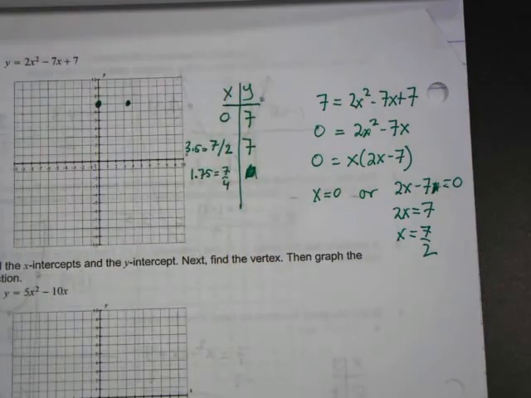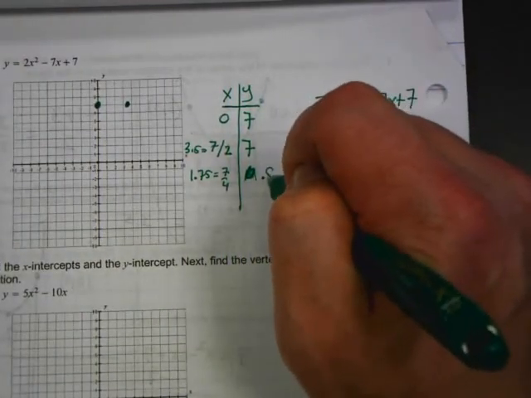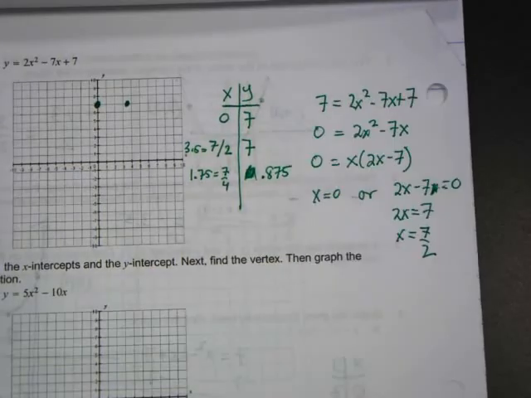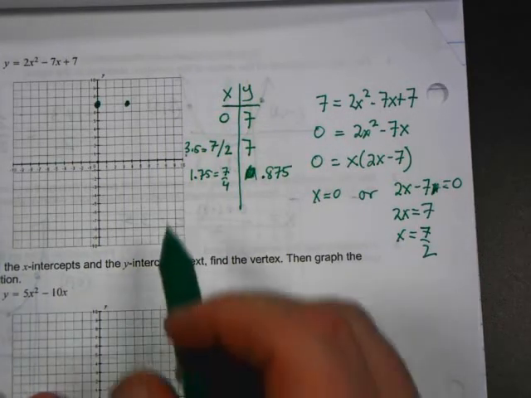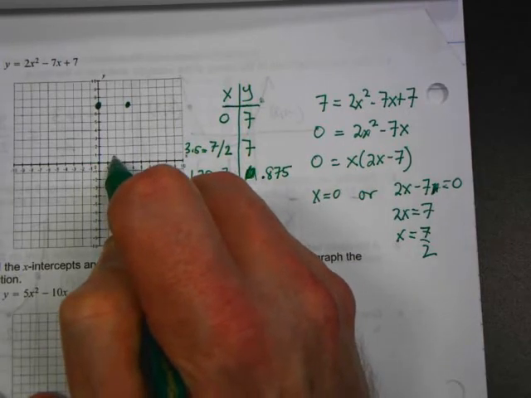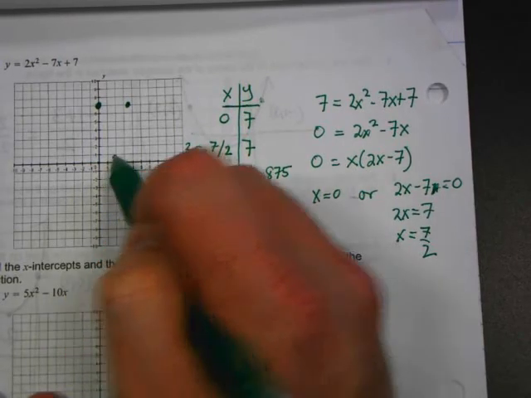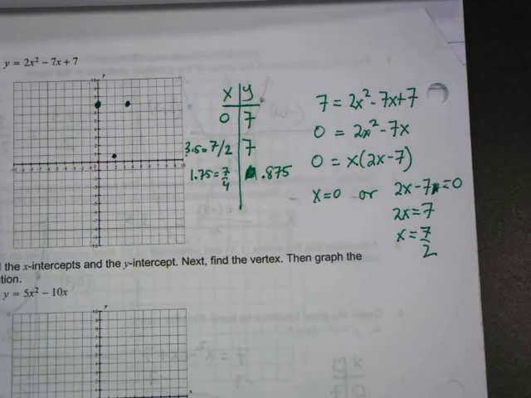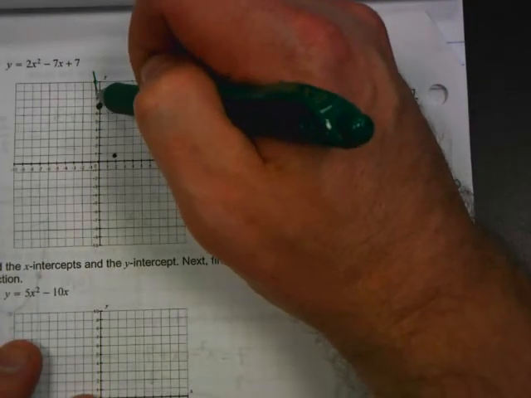I should have put a 0.875, which is just a little bit less than 1, correct? So I got to kind of estimate a little bit here. 1 3/4, and then just a teeny tiny little bit less than 1. So it looks like my vertex should sit right about there. And I draw the picture.